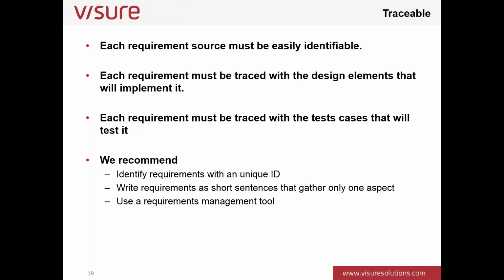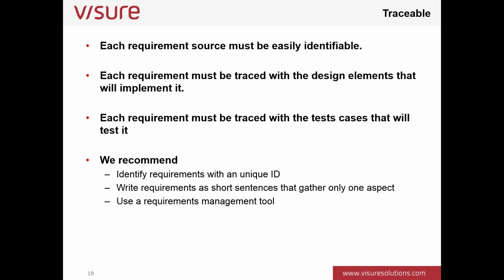Okay, so basically, as you can see, the requirement must be traced with other artifacts, not just in the requirements engineering process, but also in the testing process, the implementation process, the whole project life cycle.